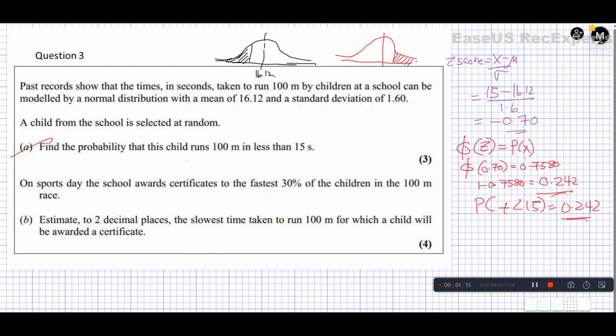Okay, so this 30% here is same as 70% to the left. Okay, 70% to the left. So now if you use calculator, straight away get the values. Okay, those who don't have, you need to change the positive to the negative. If you don't change the positive to negative, because 30% is on the left hand side but 70% is on the right hand side, the value is still the same.